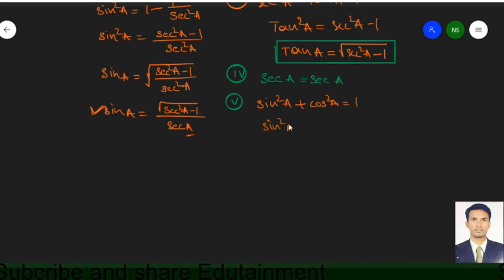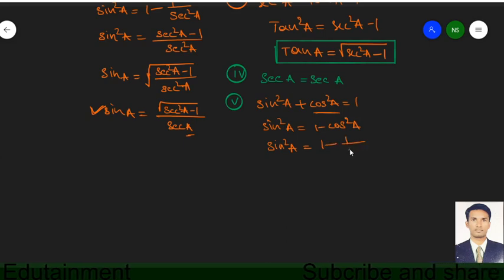Sine square A is equal to 1 minus cos square A. Send the cos to the other side, and sine square A is equal to 1 minus 1 by secant square A. Why? Because cos A is equal to 1 by secant A.